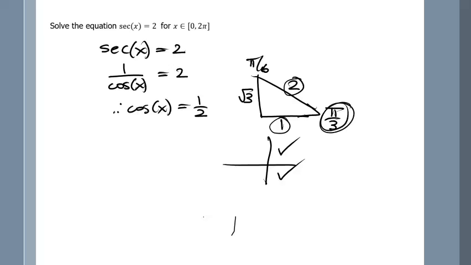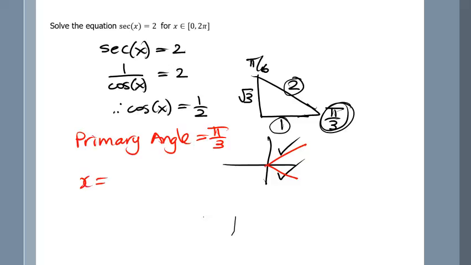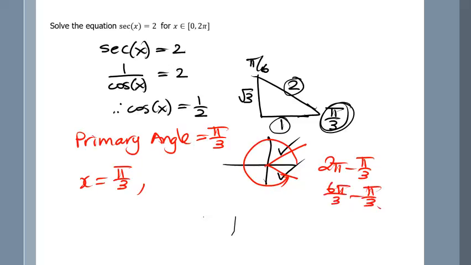Our angle, we know if cos equals 1/2, adjacent over hypotenuse, then our angle must be pi on 3. So we can say our primary angle is pi on 3, and if we want our solutions between 0 and 2 pi, our solution in the first quadrant is pi on 3, and our solution in the last quadrant is 2 pi minus pi on 3, or 6 pi on 3 minus pi on 3, and that gives us 5 pi on 3.